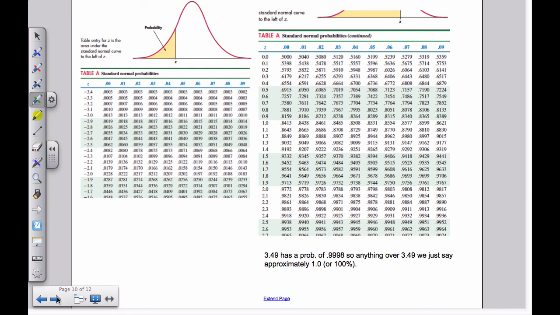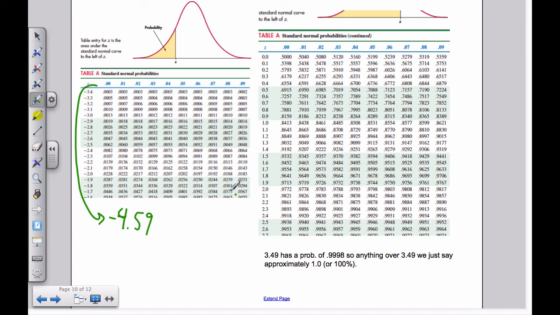Okay, just one quick note when you're dealing with this table: you could be negative 50 standard deviations below the mean. You could be 5,000 standard deviations above the mean. But we run out of room in terms of a table. This table could go on forever. So anything past negative 3.4, so let's say negative 4.59, something like that, I go to look it up and I go, wait a minute, we're off the table.